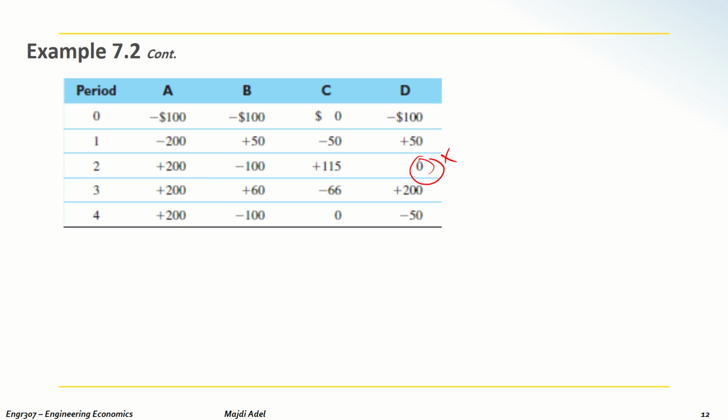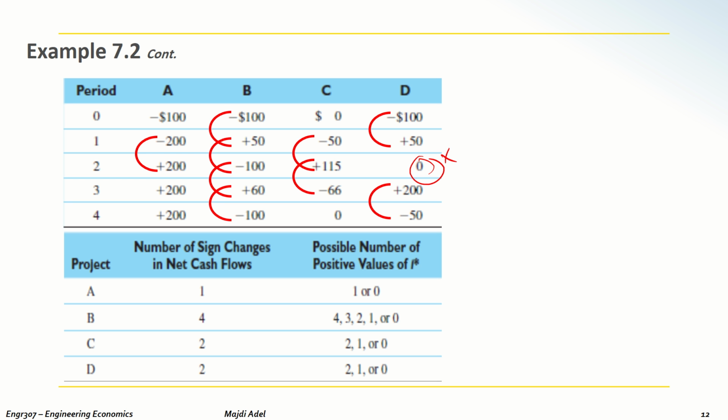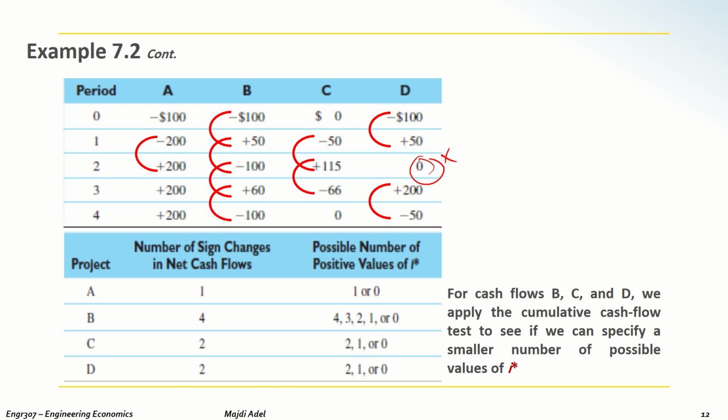But when we applied the net cash flow sign rule and the accumulated cash flow sign test, for project A, I have concluded that we'll have only one rate of return. For project D, one rate of return. For project C, 2 rates of return. For project B, there is no rate of return.